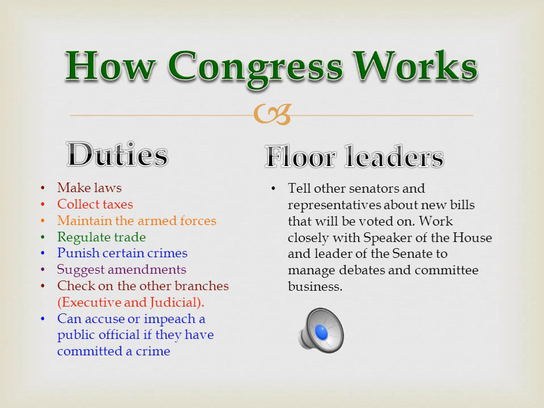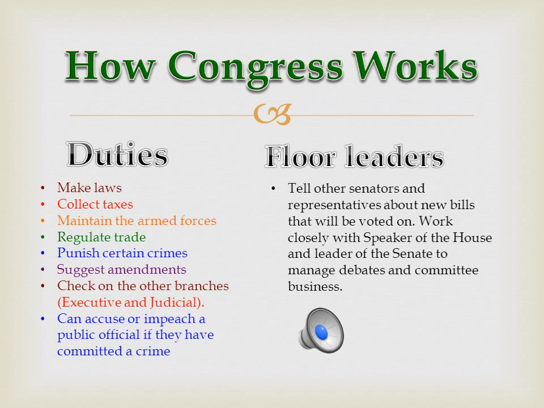incredibly large responsibility. They also have to do with maintaining the armed forces. So if you plan on joining the Army or the Navy, they're right now, for instance, considering reducing the number of people in the armed forces, and that would have an impact on potential jobs and also on what kind of defense we have.